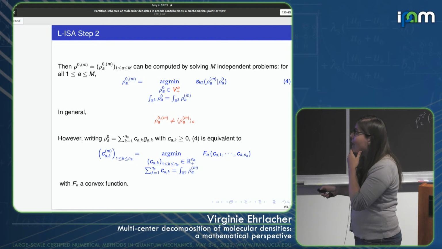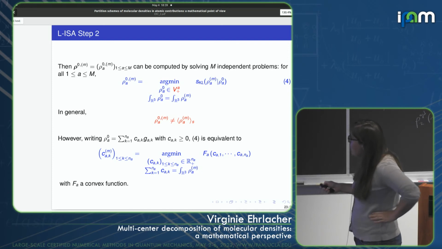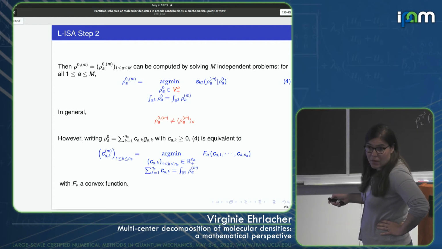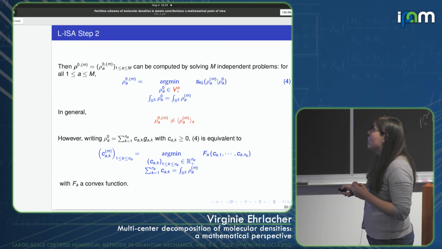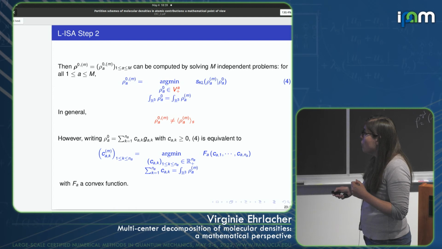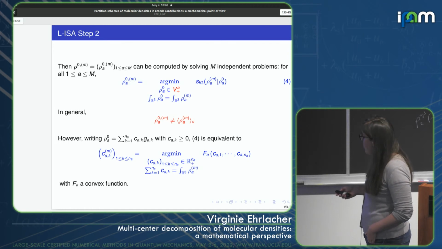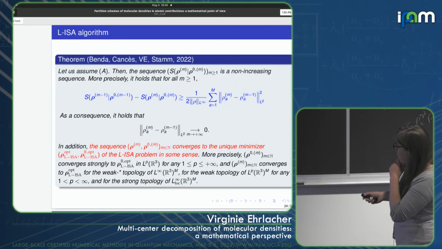Okay, remember, rho A can be any non-negative function. But nevertheless, you can solve this problem in practice if you decompose rho A0 on the basis of the Gaussian basis functions that you've chosen. It only amounts to solving a convex minimization problem to identify these coefficients under some linear constraints. So this can be done quite easily in practice. And there is a unique solution at each step.